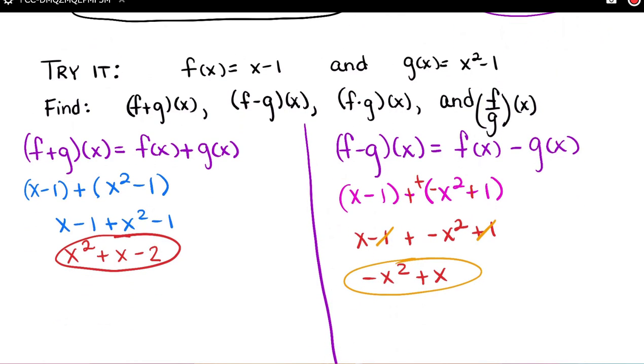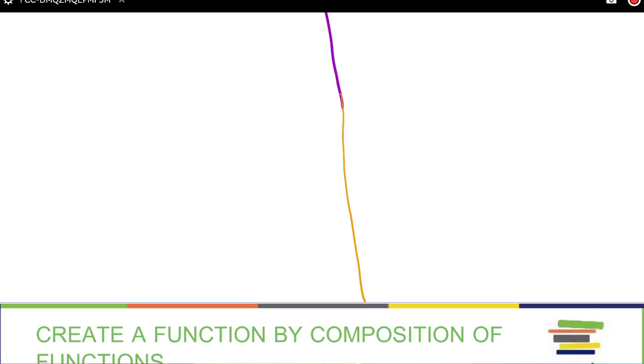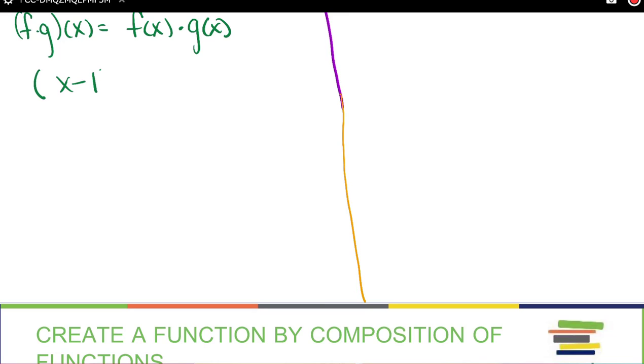Alright, so next we're going to do f times g and f over g. So f times g of x is the same as saying f of x times g of x. So we have f of x, which is x minus 1, times g of x, which is x squared minus 1, and then we're going to just distribute.